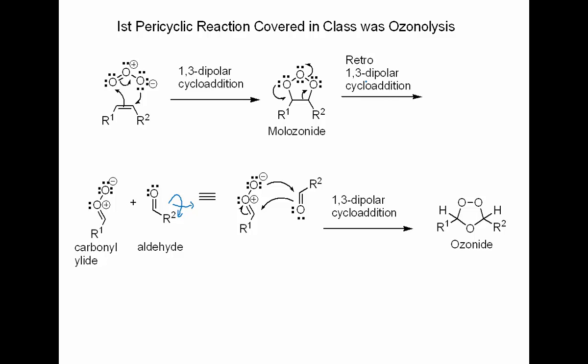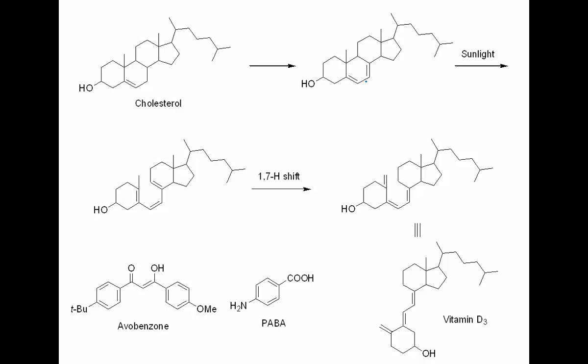Okay, we'll later encounter a few other pericyclic reactions in this class. This, in nature, is probably the most important pericyclic reaction of them all. Sunlight making vitamin D. How does that happen?